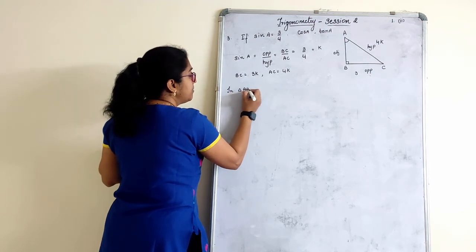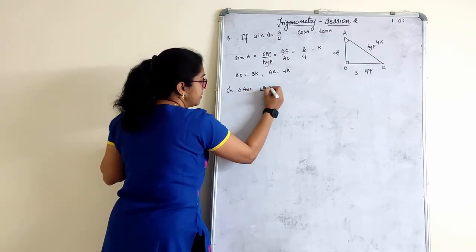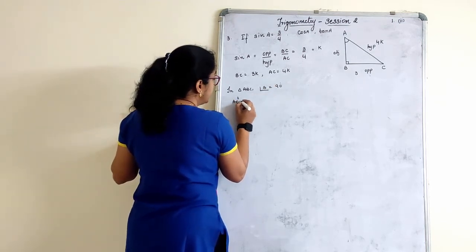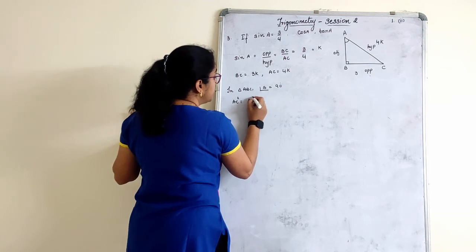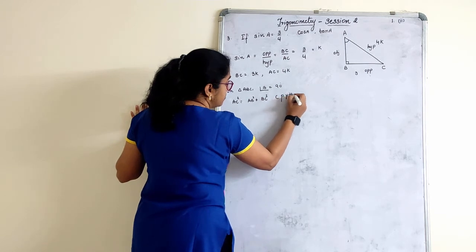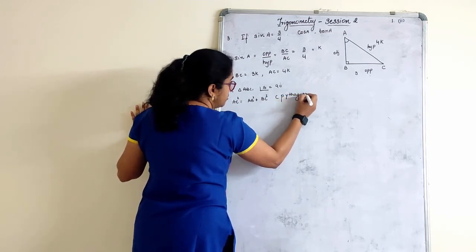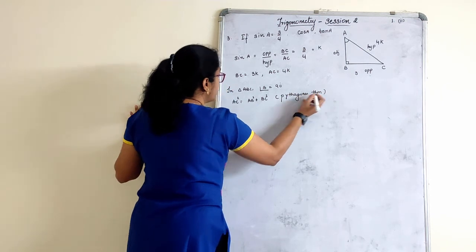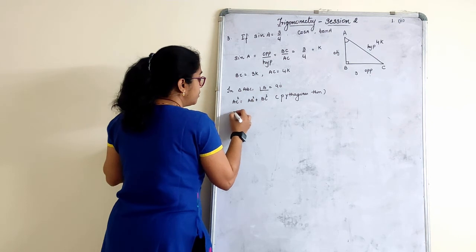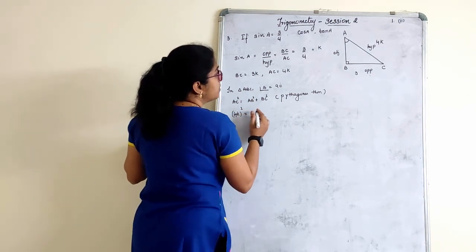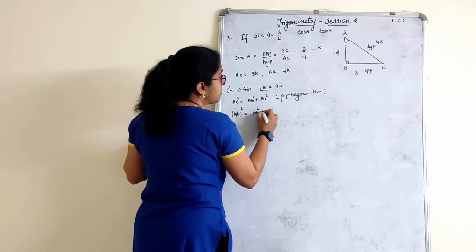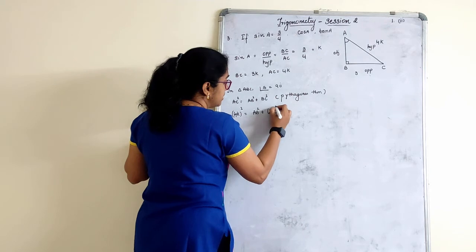In triangle ABC, angle B is equal to 90 degree. So AC square is equal to AB square plus BC square. Pythagoras theorem. So what is AC square? 4K whole square is equal to AB square plus 3K whole square.